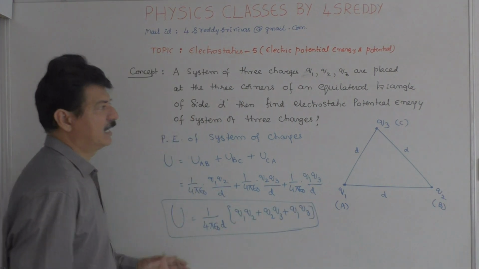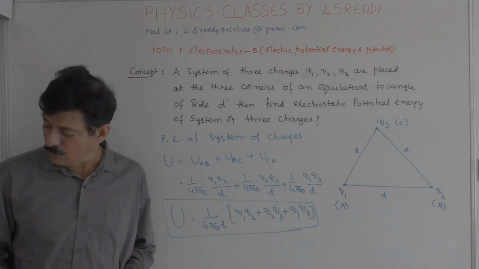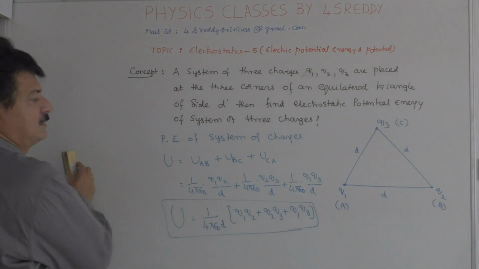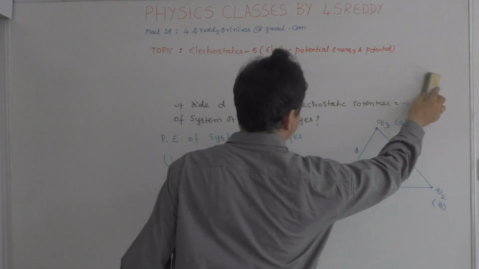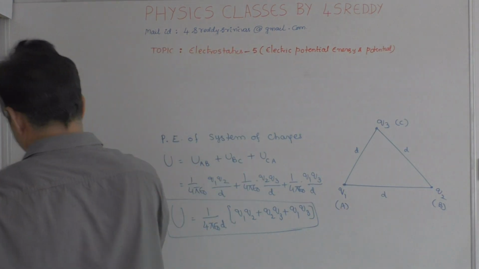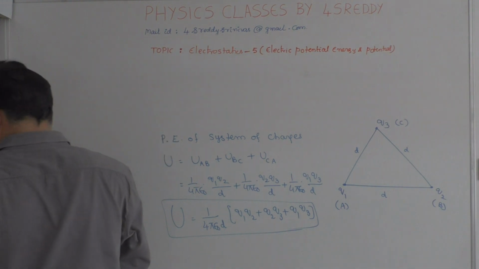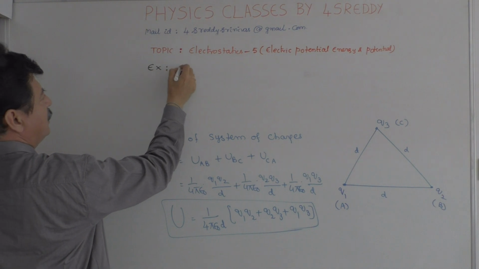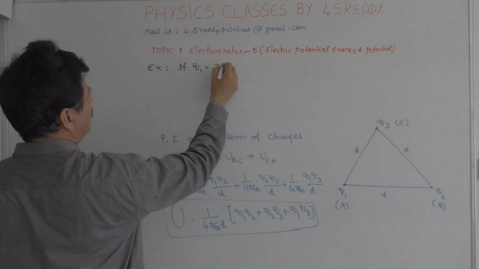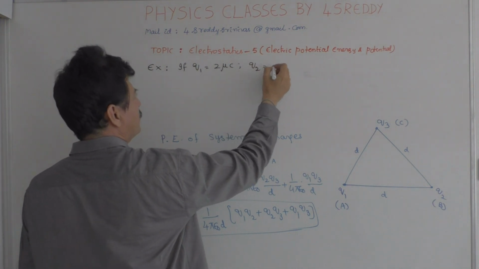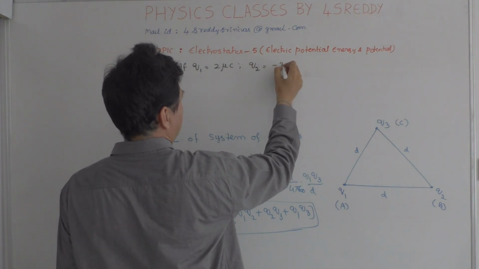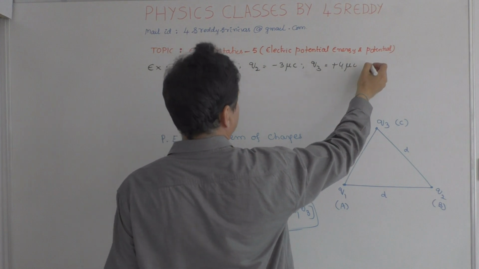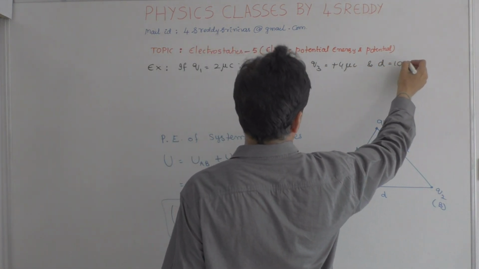For any given numerical values of Q1, Q2, Q3, you can straight away calculate the potential energy of the system of three charges. For example, if Q1 is equal to 2 microcoulombs, Q2 is equal to minus 3 microcoulombs, Q3 is equal to plus 4 microcoulombs, and D is equal to 10 centimeters.